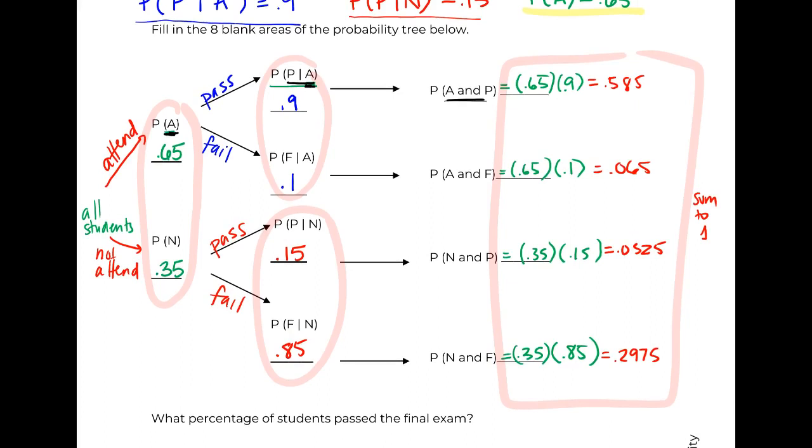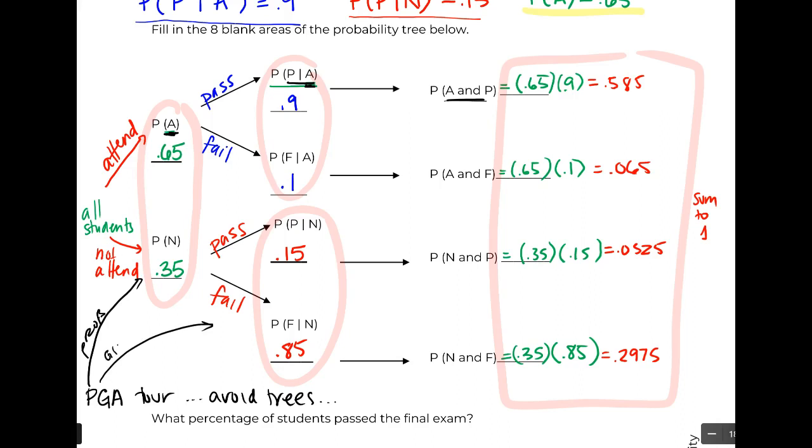So I did have a colleague at SDSU, another TA, when I was teaching there as a teaching assistant, who came up with a little saying about the PGA Tour, you try to avoid trees. What matters here more is this idea of PGA. He meant P for probability, G for the givens, and A for the ands.